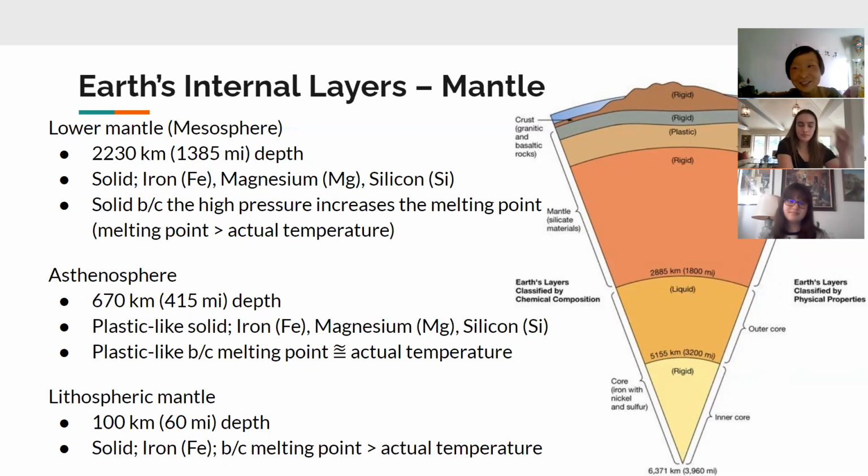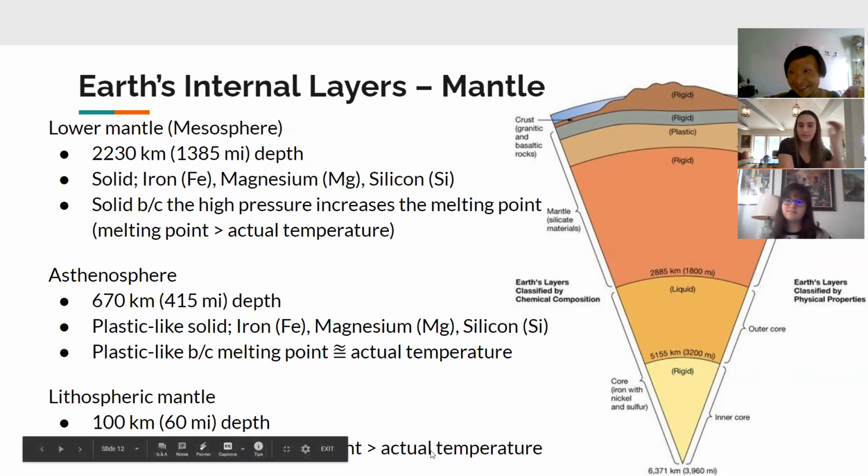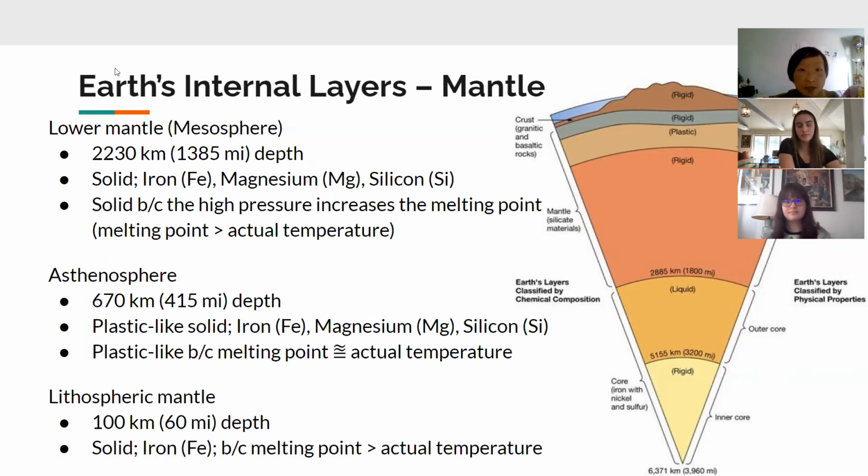That is different texture, guys, for the 3 mantle layers. Okay, so you can see the lower mantle, the very bottom one. Let me highlight it. This one. We call that rigid mantle. That is rock solid. Okay, you cannot change the shape.